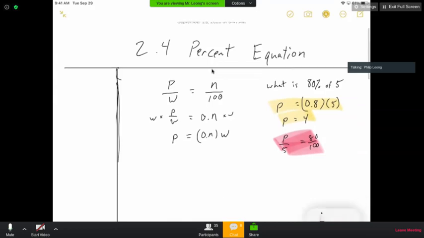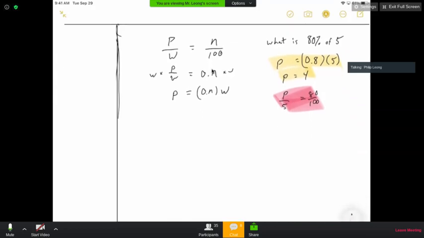Okay. All right. So here we go. Let's write it down. The percent equation is this. Part is equal to percent times whole, or P is equal to N times W. Go and write that down.